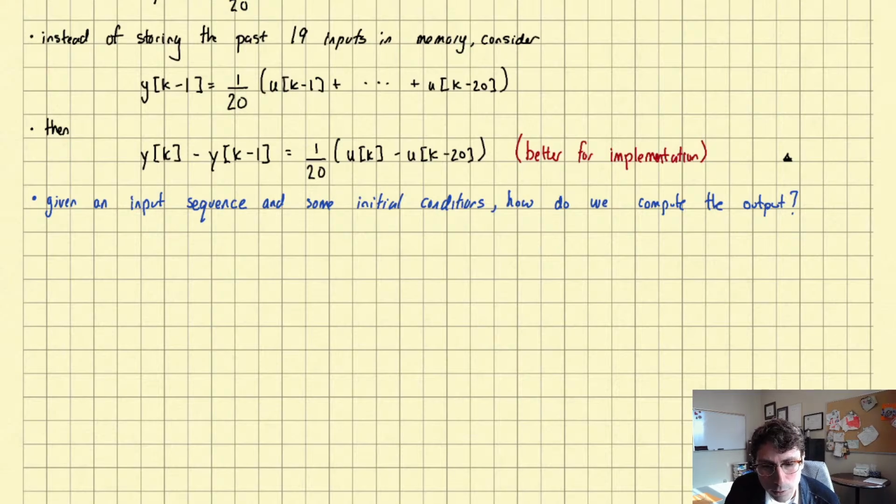Of course, one thing you can do is just do recursion. Recursively compute y0, y1, y2 until you get to the value of the output that you're looking for. You generate the sequence. And that's what this next example will be about.